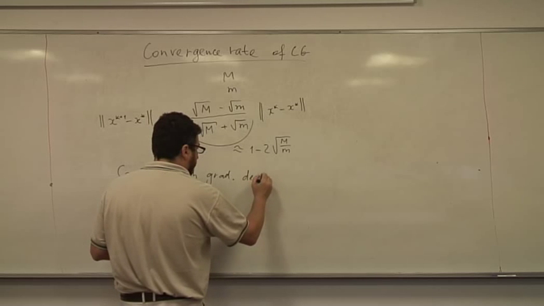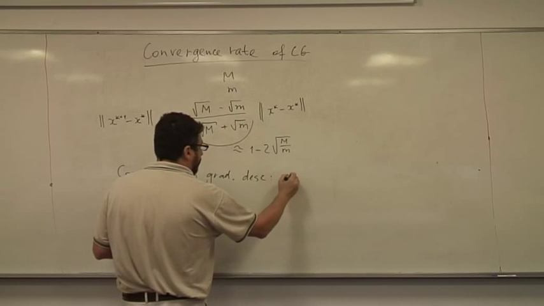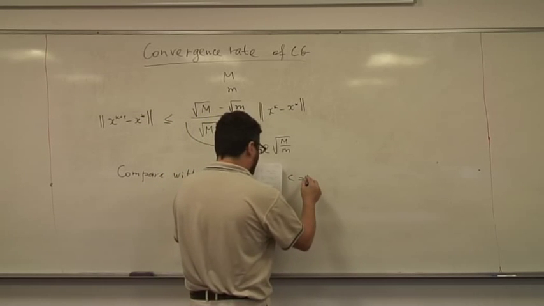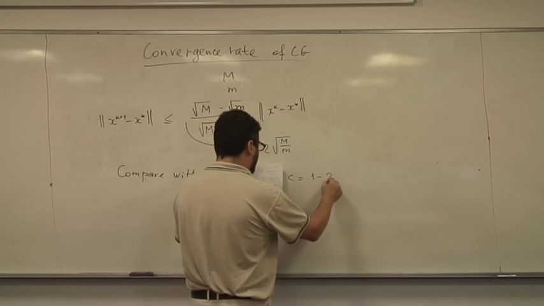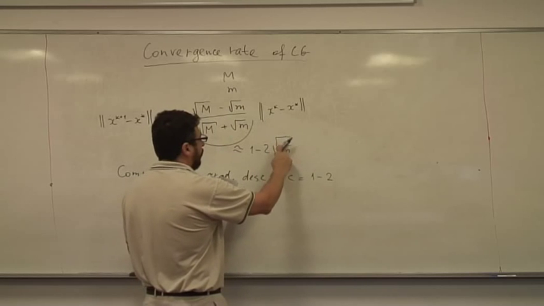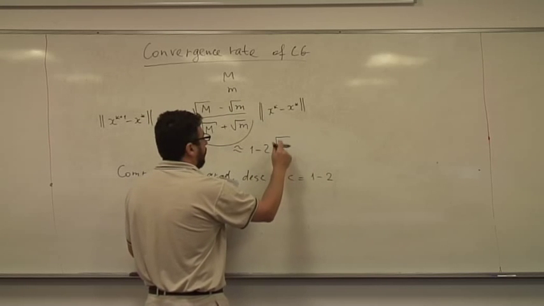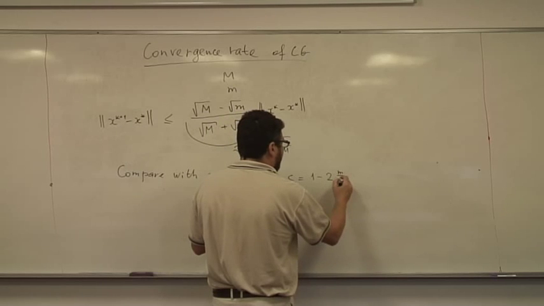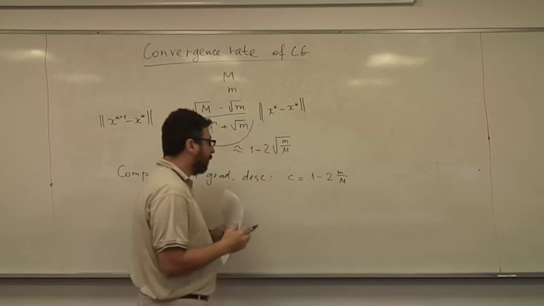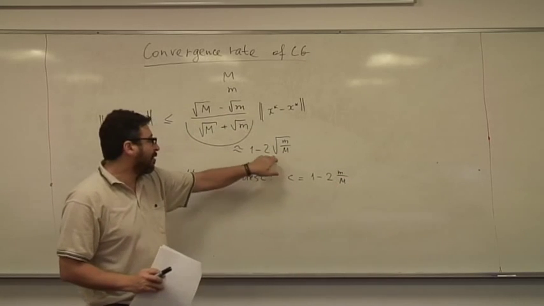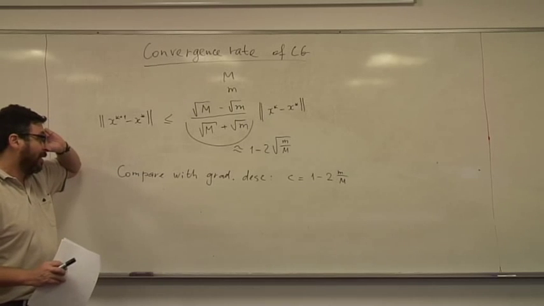If you remember the formula, the C was approximately 1 minus 2, sorry, here it's the opposite, small divided by capital, because this number should be small. So this is the rate for gradient descent, and this is the rate for conjugate gradients.